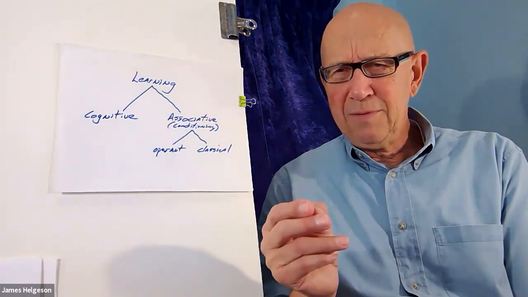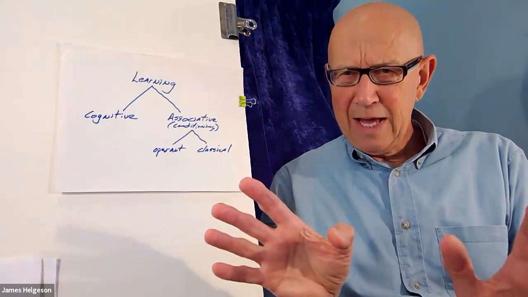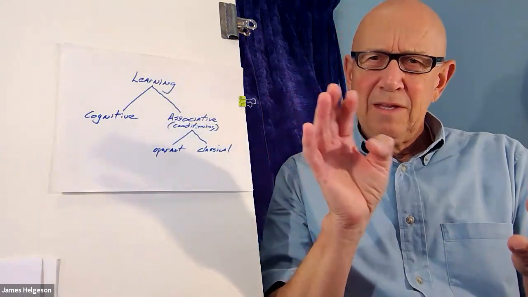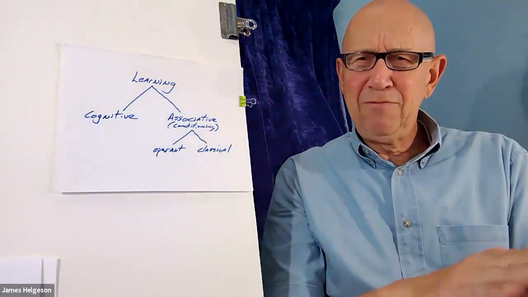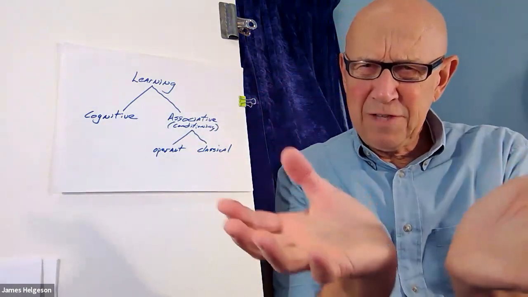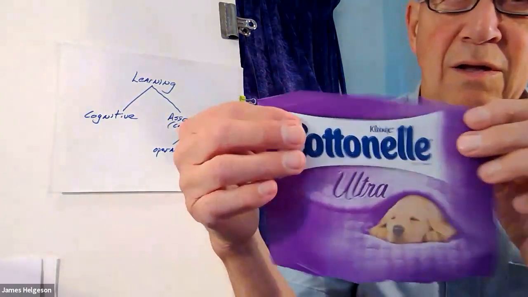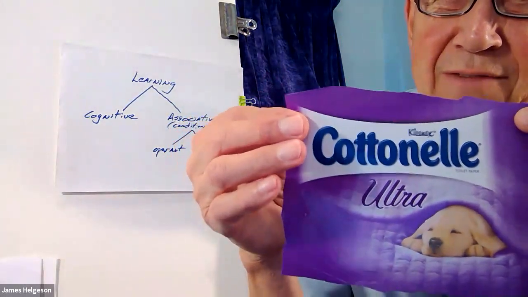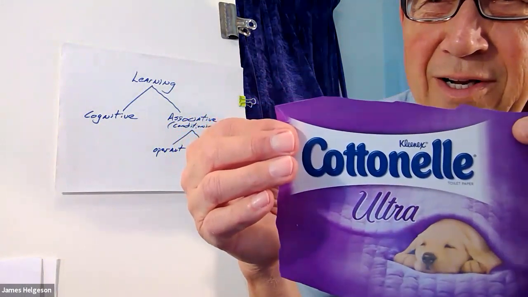The unconditioned stimulus, automatic response to that item. You think about exciting music and pictures and fun with friends, the stuff that's shown in advertising. What does the puppy have to do with Cottonelle toilet paper?